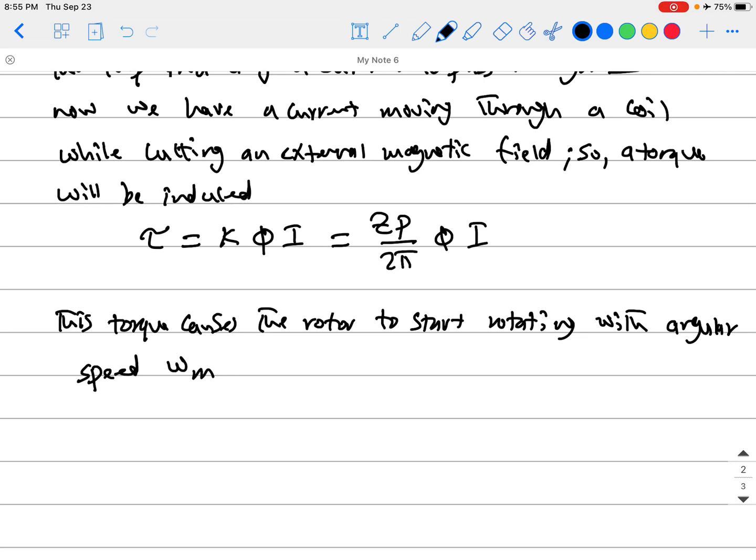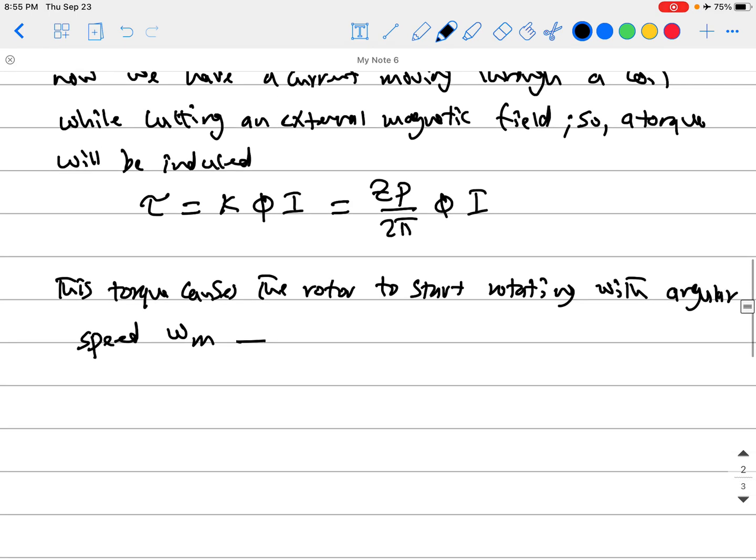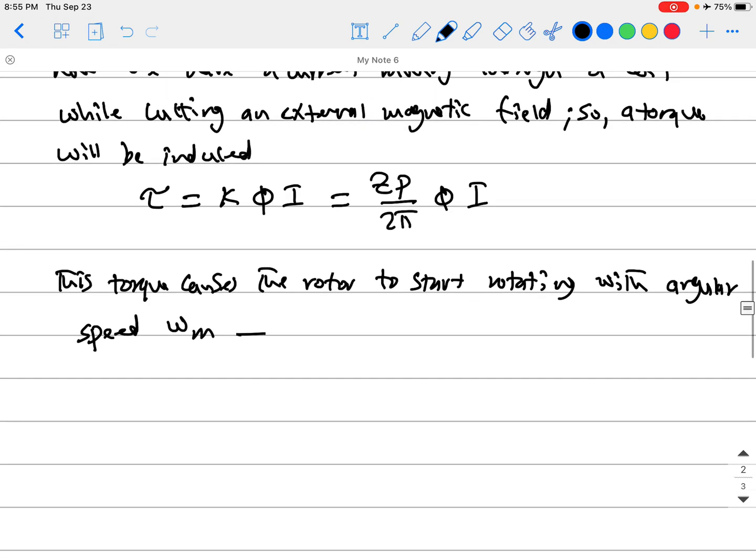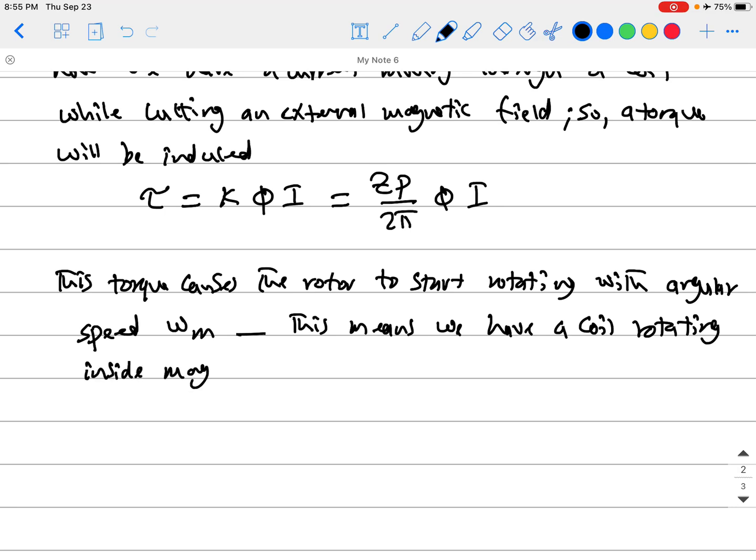Yeah, but the other thing we didn't talk about last time, and that's important to have in mind, is to keep investigating what's happening. You know what will happen now. You have a motor that starts rotating. Okay, this means we have a coil rotating inside a magnetic field.